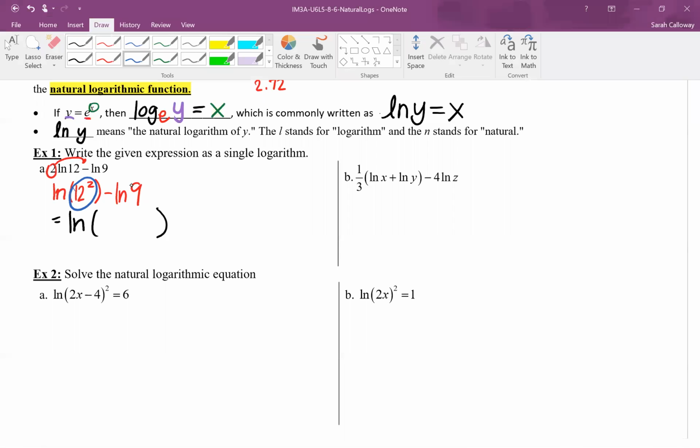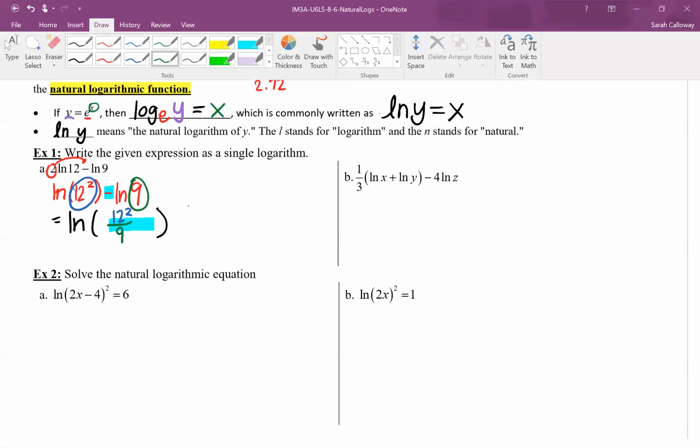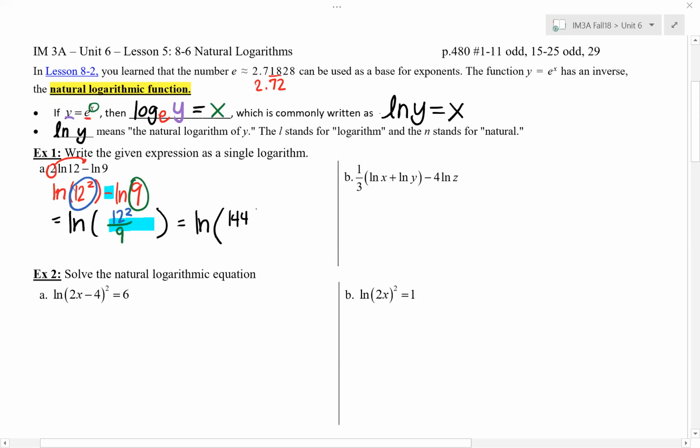Because these two things are being subtracted, we're going to have a fraction. Remember that the positive log value goes on top over the 9. So we have ln of 12 squared over 9. 12 squared is 144, and if we divide 144 by 9, we end up with ln of 16. So 2 ln of 12 minus ln of 9 is equivalent to ln of 16.